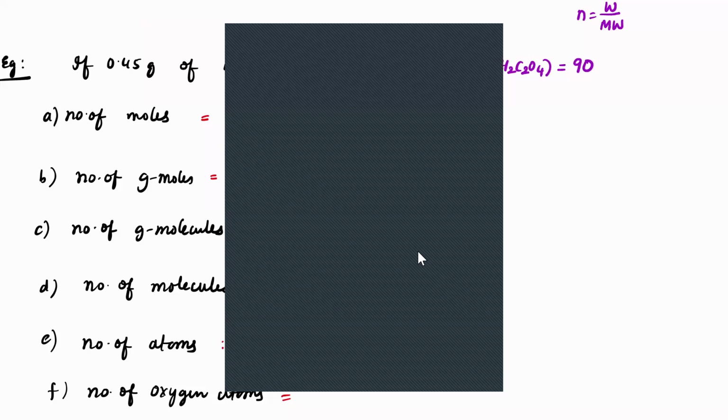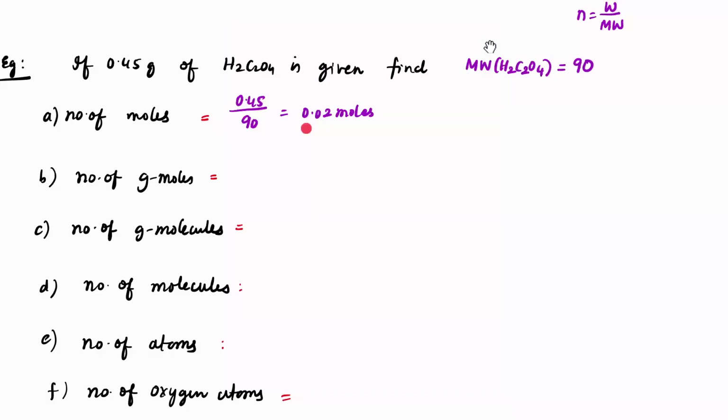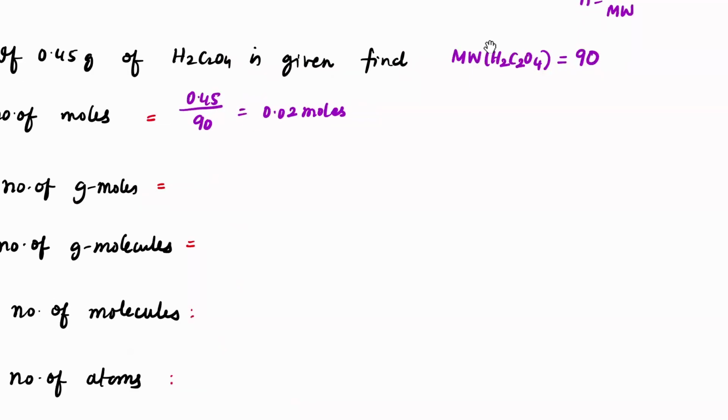Okay. Next. What does gram molecule mean? Let me tell you what these terms mean. First one is 0.02 moles. Now see the second term. Gram moles or gram molecules is how many moles of atoms, represented in grams.